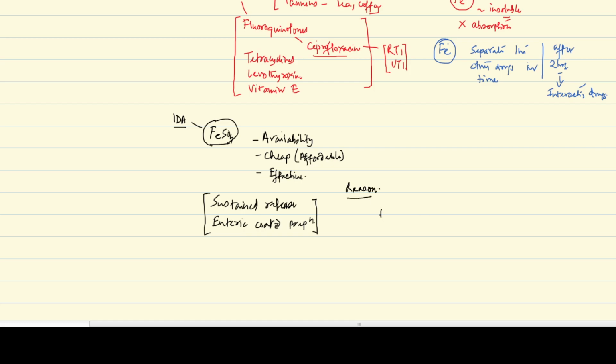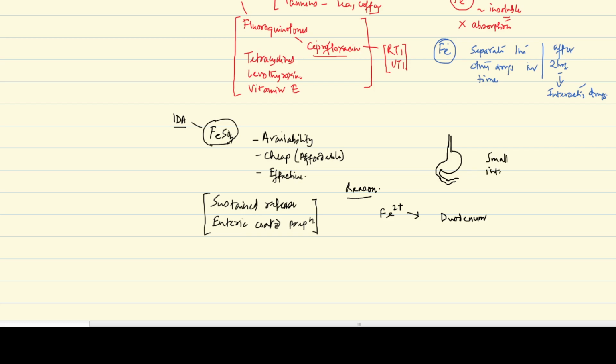So the ferrous salt is absorbed predominantly in the duodenum. What's the duodenum? You've got this GIT, you've got the stomach, all right? So the stomach opens into the duodenum, and then distal to the duodenum, we've got the jejunum and ileum, which form this part of the small intestine.